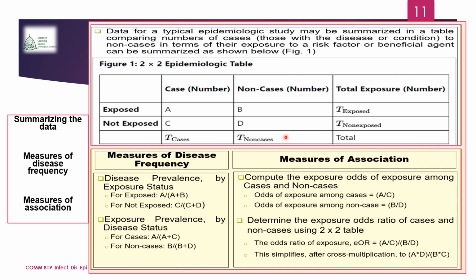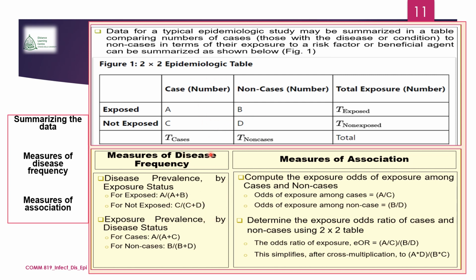Then you may also want to total it row-wise, that is case plus non-case, for the total exposed and total non-exposed across the row. And then here total. So this is a 2 by 2 table. This 2 by 2, we use it in the subsequent slides to see how we can do a lot of things with this table.